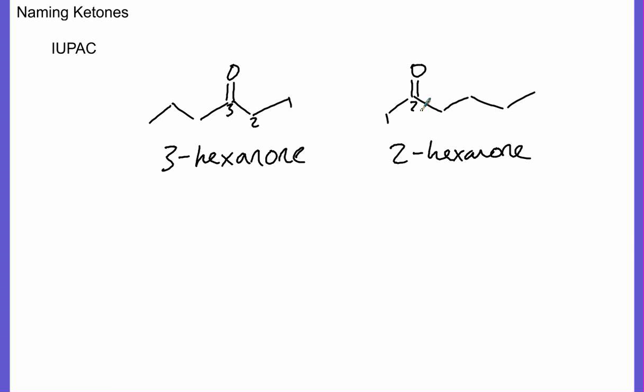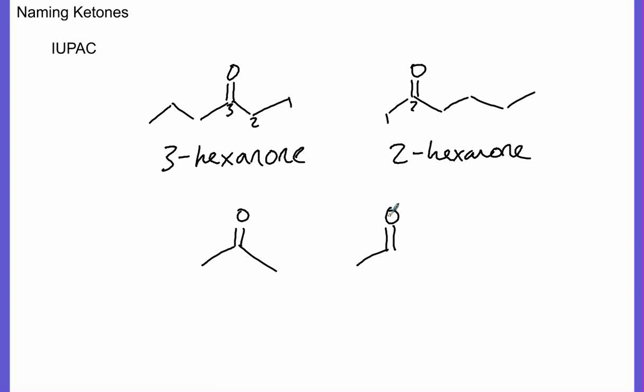Unless it's a very small ketone, right, the smallest ketone that we have would only have 3 carbons in it, because you have to have 3 carbons total to have 1 in the middle at all. I can't put that double bond to oxygen anywhere else and make it a ketone.